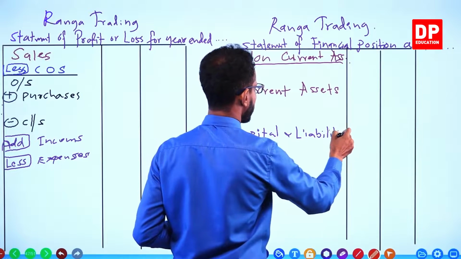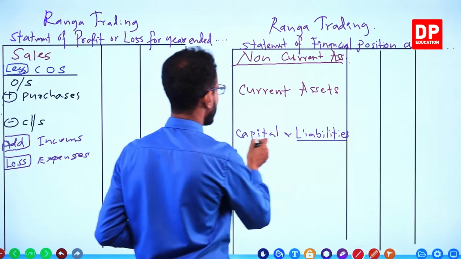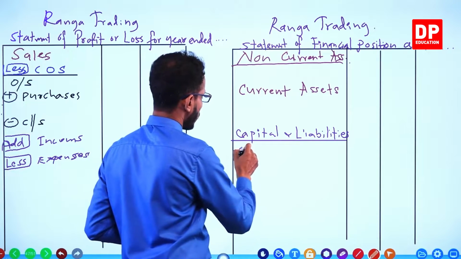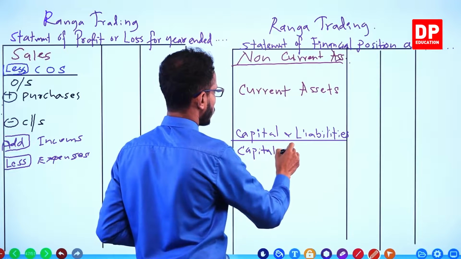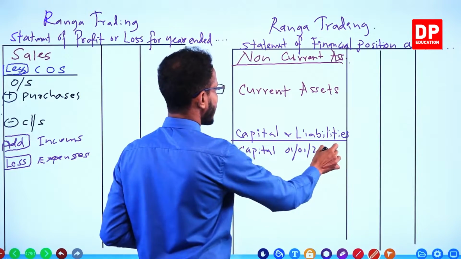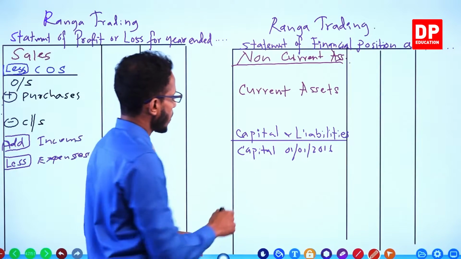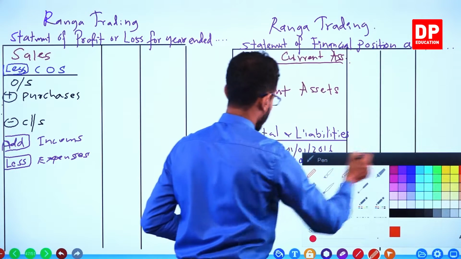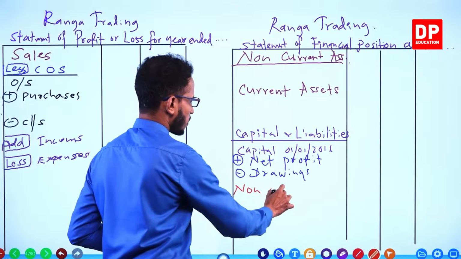The main items under capital and liabilities are capital as at first 2016, that is the opening capital, children, plus net profit, minus drawings. If drawings are there, you should minus. Finally, last but not least, we have the non-current liabilities and current liabilities.